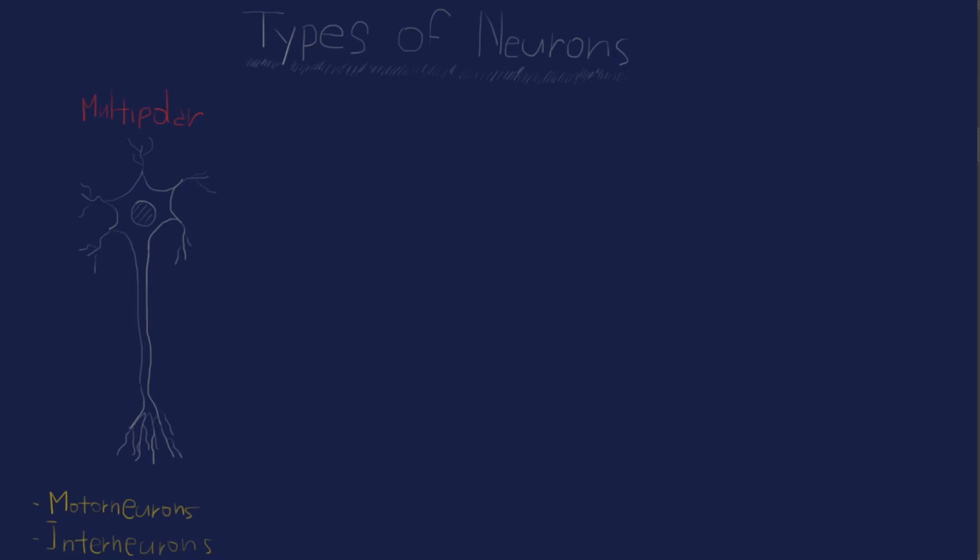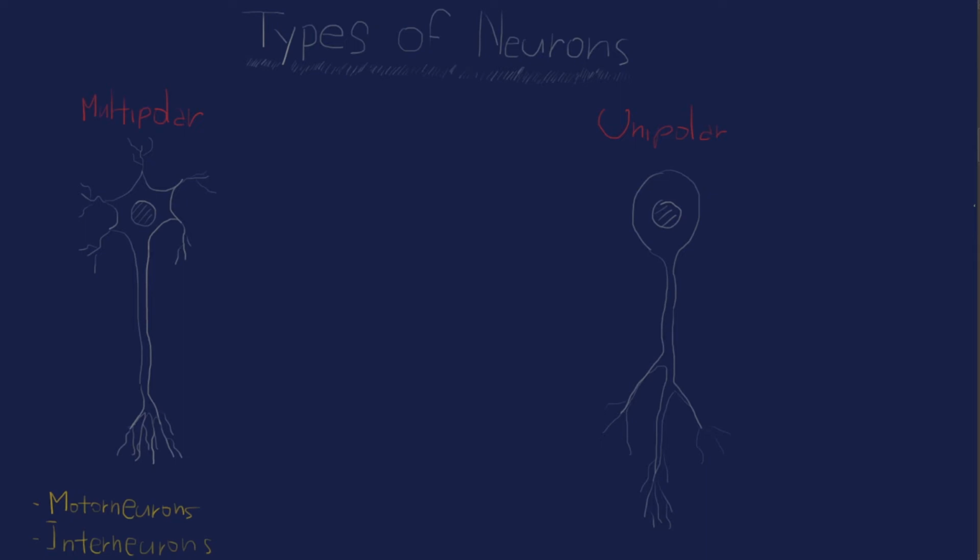Now, the next type of neuron is pretty much the opposite of multipolar. It will be the neuron that has only one process extending from its body. And so this would be the unipolar neuron. Now, unipolar neurons are not common in humans at all.